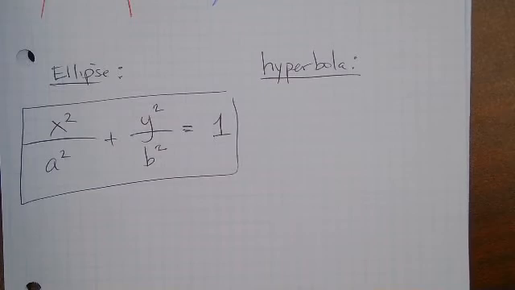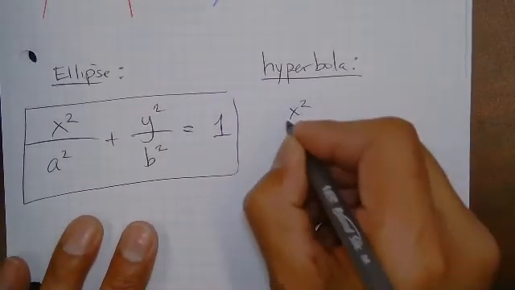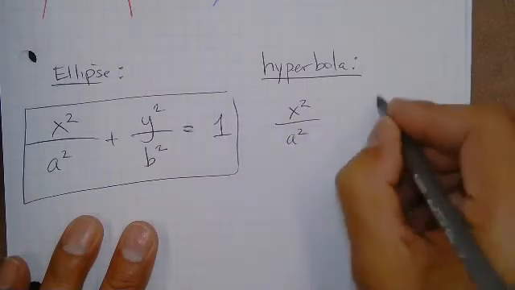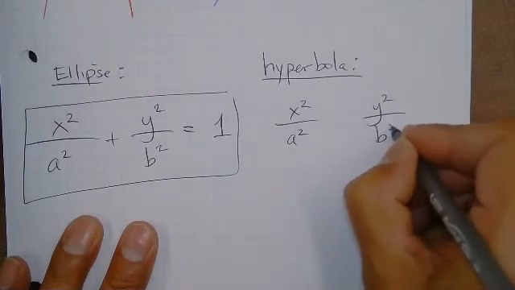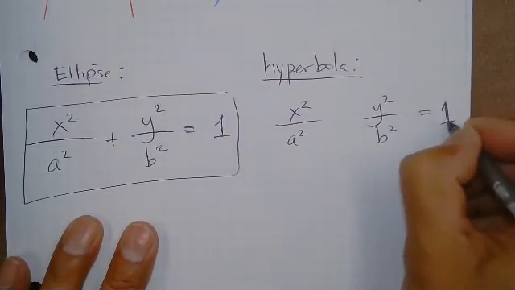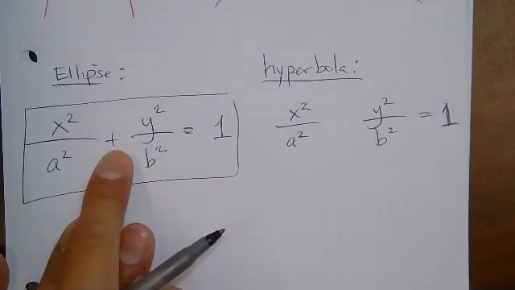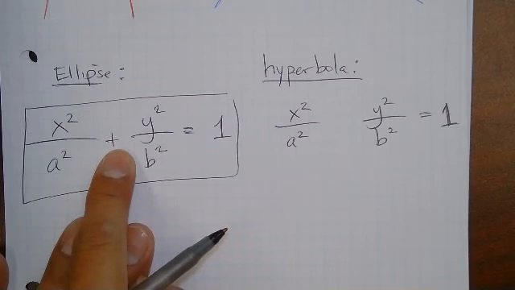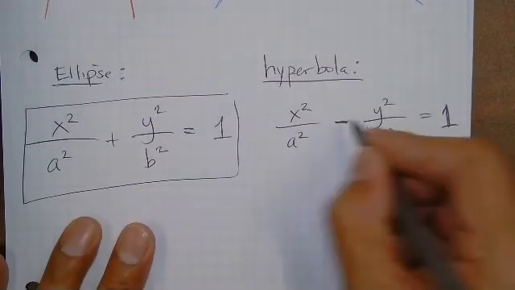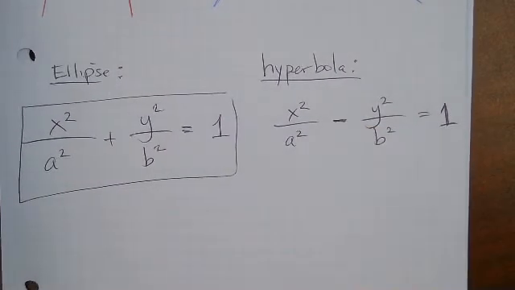The plus? What about it? You're right, it's not going to be plus. The equation is x squared over a squared, y squared over b squared equals 1. Instead of a plus, it's going to be a minus.